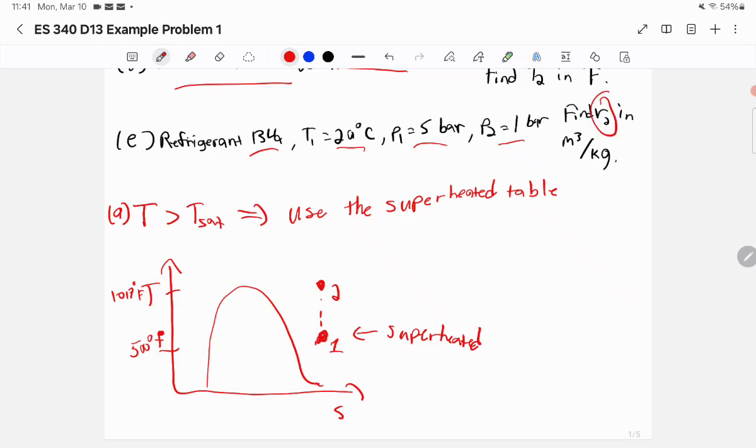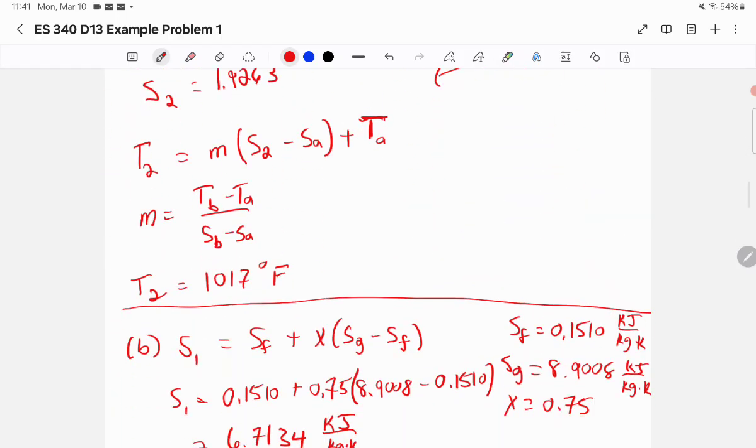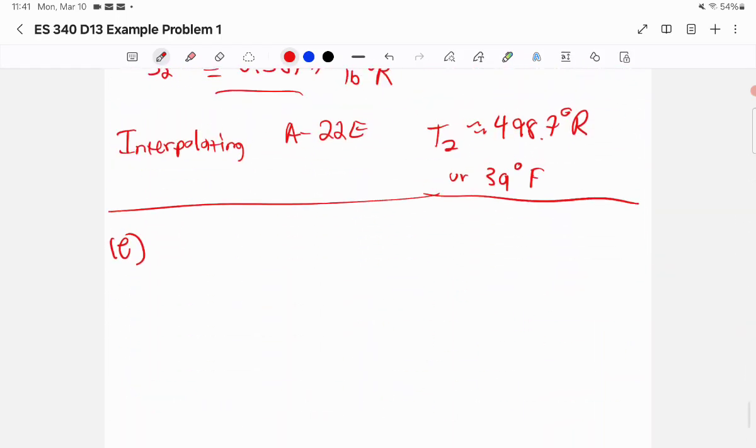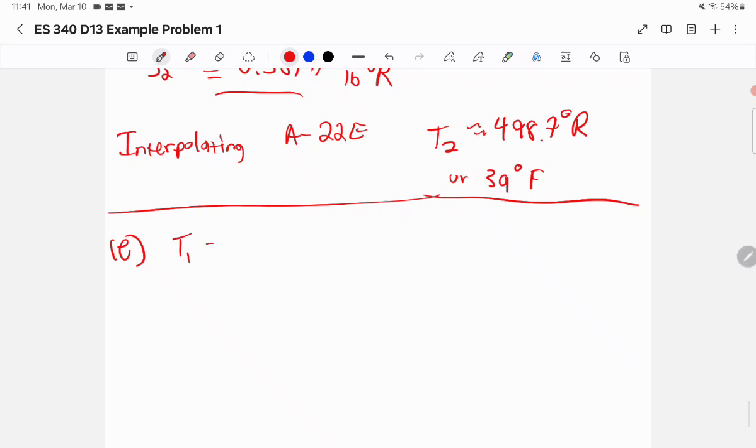That's interesting. So I'll just write down what we know. We know that T1 is equal to 20 degrees Celsius, P1 is equal to 5 bar, P2 is equal to 1 bar, and we want to find V2.